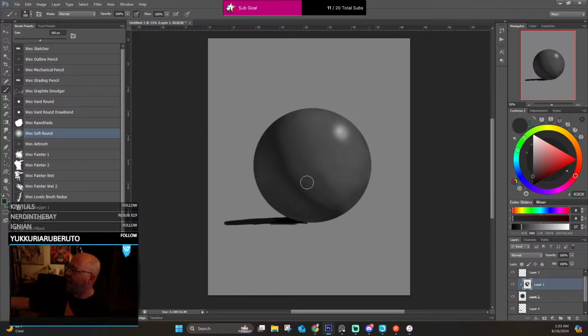Is this value right here, right before the Terminator, and this value right after the Terminator, are they the same? Remember, we're in grayscale, we're not using color, we're not doing any warm and cool bounce light.